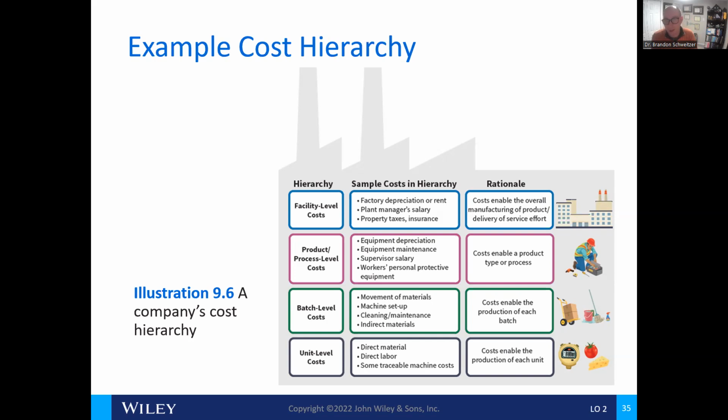This is the hierarchy of manufacturing, but for products, of course. We identify the sample costs within the hierarchy, and we identify our rationale for identifying the relationship between the activity and cost driver.